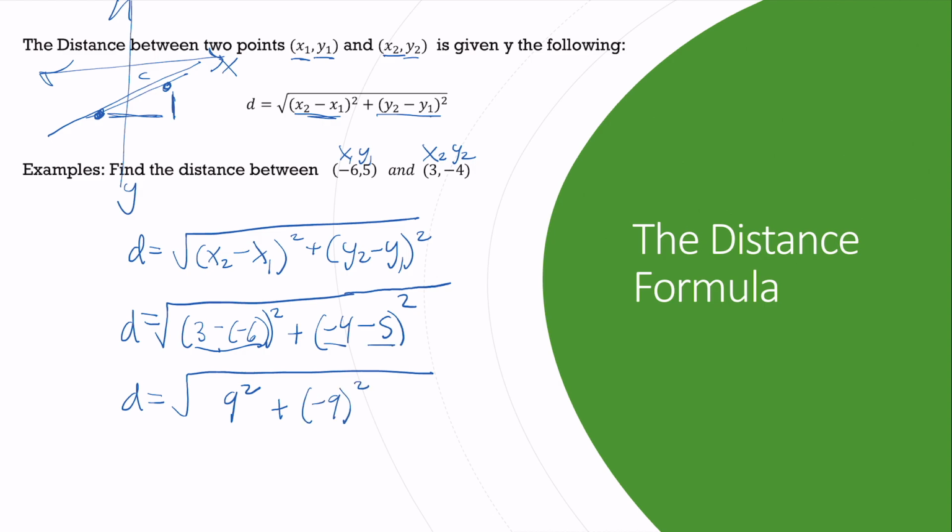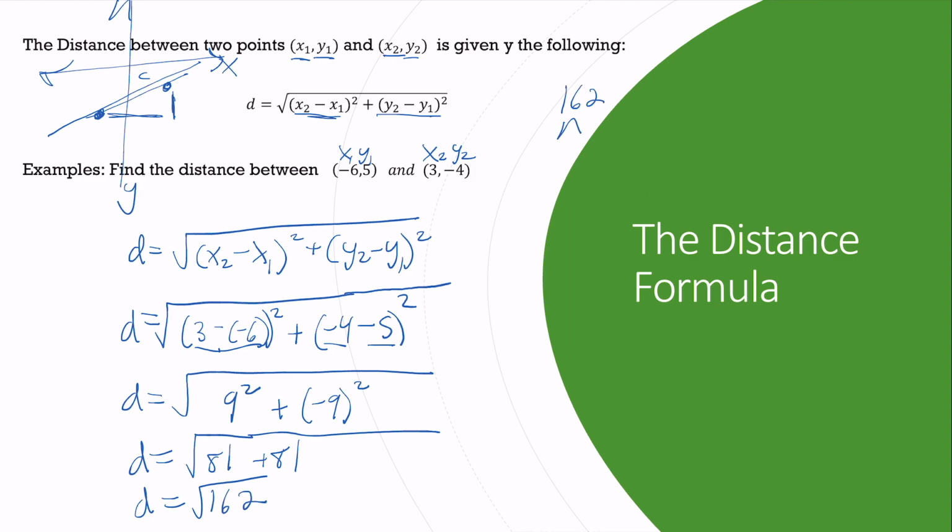My distance would be the square root of 81 plus 81. So my distance is the square root of 162, which I can then simplify because 162 is 2 times 81, and 81 is 9 squared. So this would simplify to 9 root 2. So now that we're working with radicals, we always have to make sure we are simplifying what is under our radical symbol.